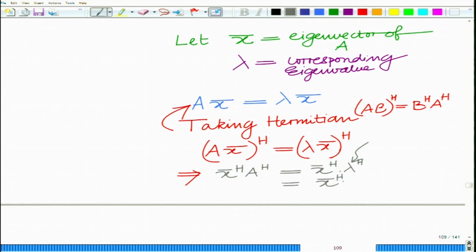So, I can simply write this as x bar Hermitian times lambda conjugate, since lambda is a scalar quantity, that is, lambda is simply a number. For a simple number, the Hermitian of the quantity is simply taking the complex conjugate. Okay.